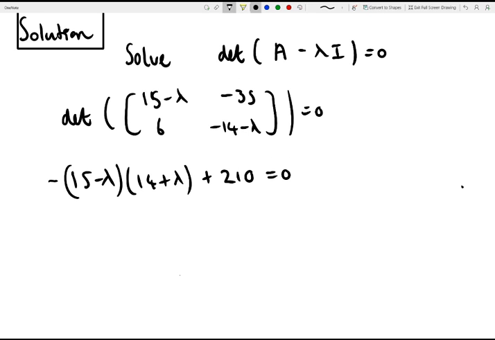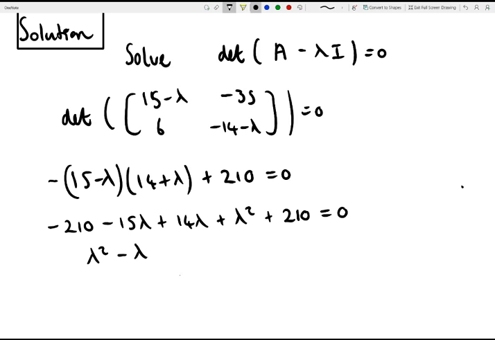If we multiply this all out, we have minus 210 minus 15 lambda plus 14 lambda plus lambda squared plus 210 equals 0, which gives us lambda squared minus lambda, where we can factorize out lambda and have lambda times lambda minus 1, which equals 0, which implies that lambda is 0 or 1.